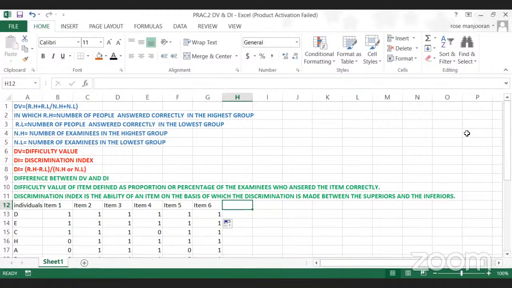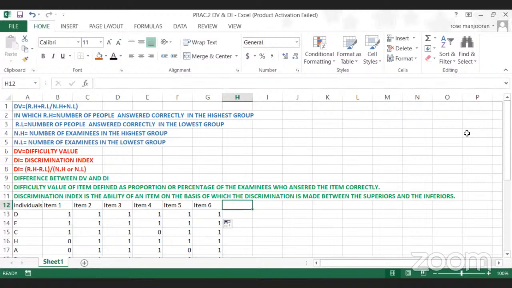Now moving on to the formula, we can see DV is equal to RH plus RL. That means RH is the number of people who answered correctly in the highest group, and RL is the number of people who answered correctly in the lowest group. It is divided by the number of examinees in the highest group plus the number of examinees in the lowest group. So that is the formula of DV.